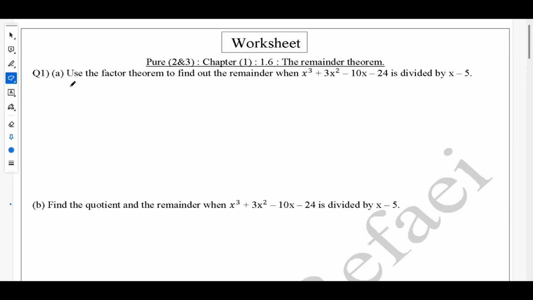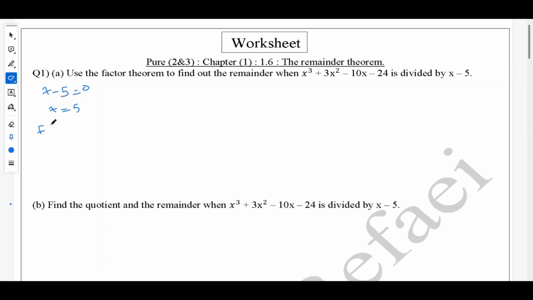Let's start with question number 1. Use the factor theorem to find the remainder when x cubed plus 3x squared minus 10x minus 24 is divided by x minus 5. I'm going to use the same steps as for the factor theorem. So x minus 5 equals 0, x equals 5.